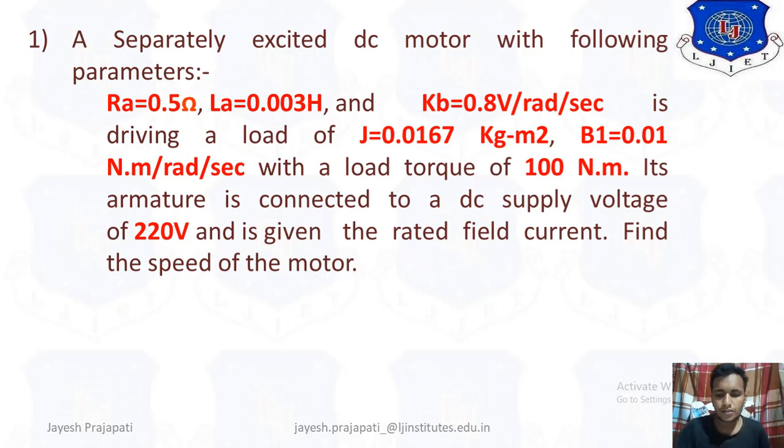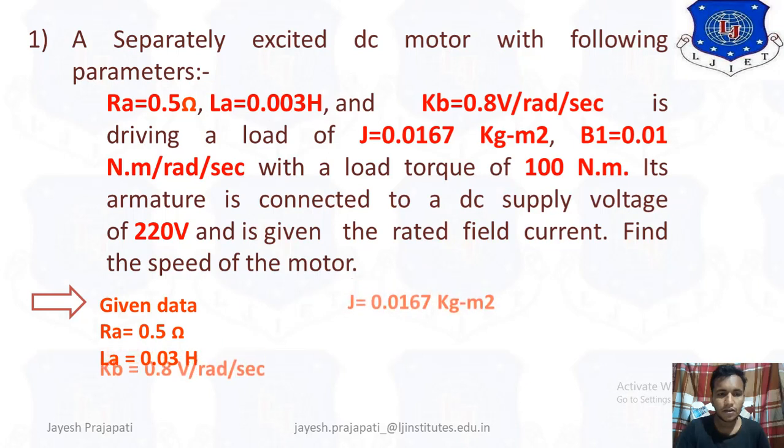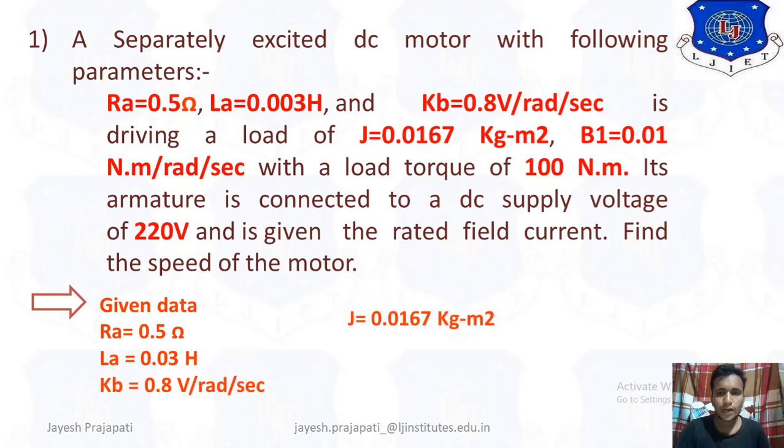First of all, we have to write down the given data. Ra is equal to 0.5 ohm, La is equal to 0.03 Henry, Kb is equal to 0.8 volt per radian per second, J, the moment of inertia, is equal to 0.0167, B1 is equal to 0.01 Newton meter per radian per second, and load torque T1 is equal to 100 Newton meters.